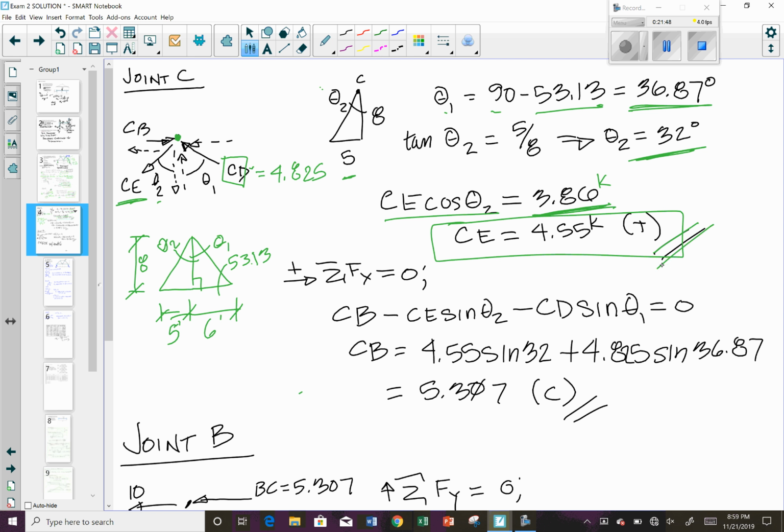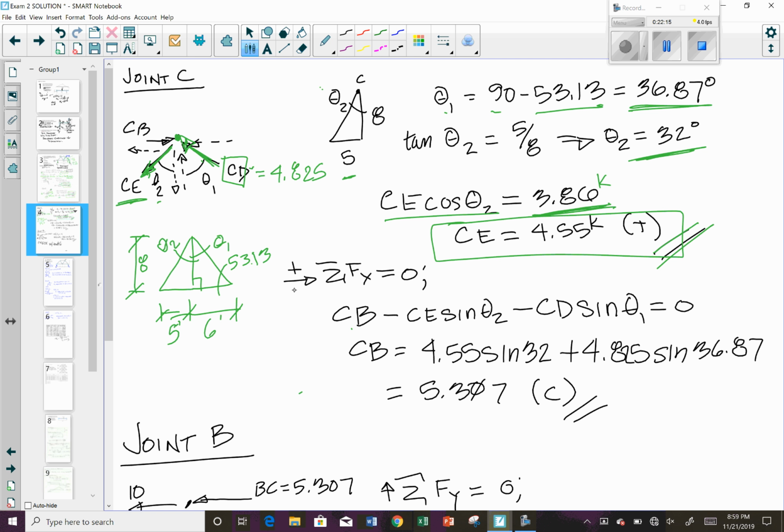Okay, so then to solve for CB, all we need to do is sum the forces in the x direction. Since we know that this one is going up, it's in compression, it's only balanced by a vertical component from here, so this guy has to be going down. So these horizontal components are both going to be going to the left. So that means CB has to go to the right.